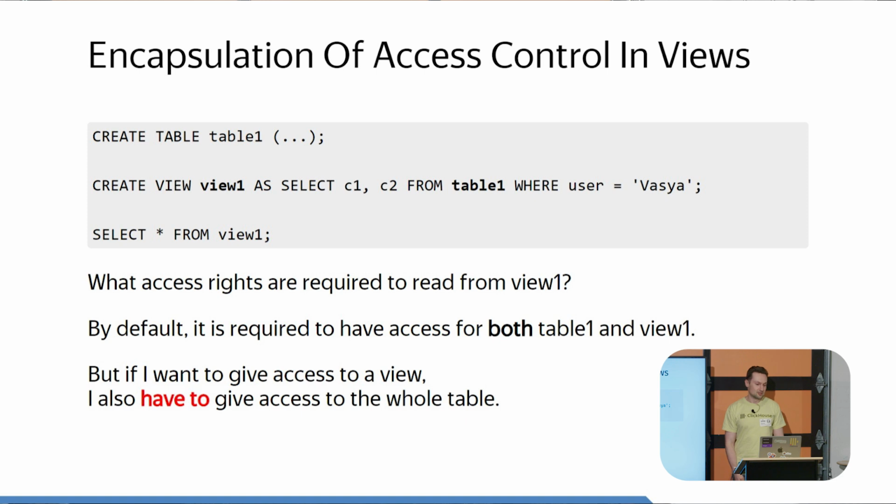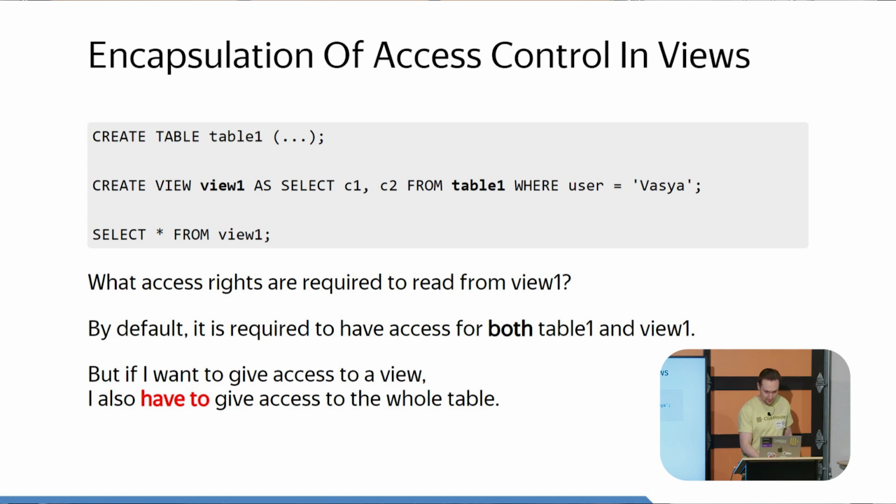And you want to give a user access to only this subset of the data. Until recently, it was not possible because the access control was very strict. It was checking access to the view, and you had to give access to this view. And it also checked access to every underlying table when a select from the view was processed. It was strict, but it was implementing not exactly what you wanted.